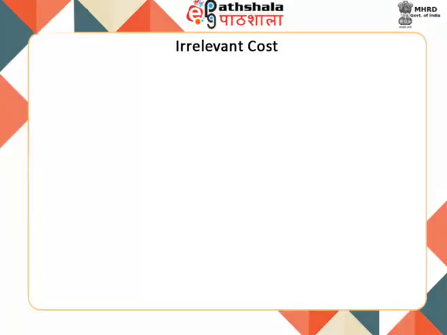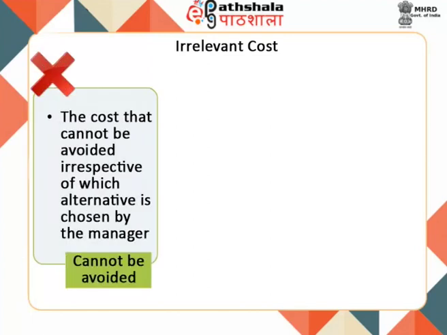Relevant costs are expected future costs that will differ between the alternatives being considered in a decision-making situation. Any cost that can be eliminated completely or in part as a result of choosing one alternative over the another is relevant. On the other hand, cost that cannot be avoided irrespective of which alternative is chosen by the manager is irrelevant cost.